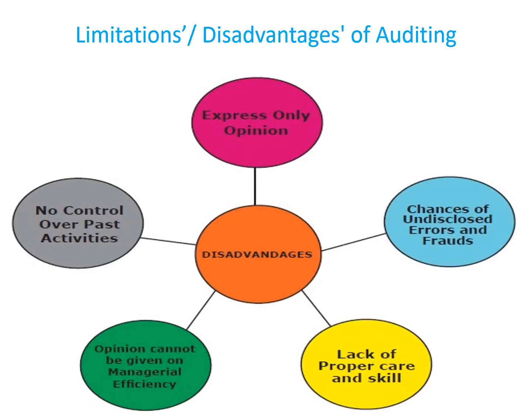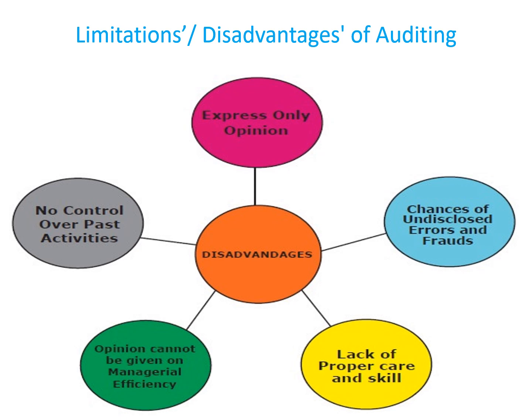Now we relate to the limitations or disadvantages of auditing. Auditing has many advantages, but there is another side of the coin. It means we are now concerned with the limitations of auditing.